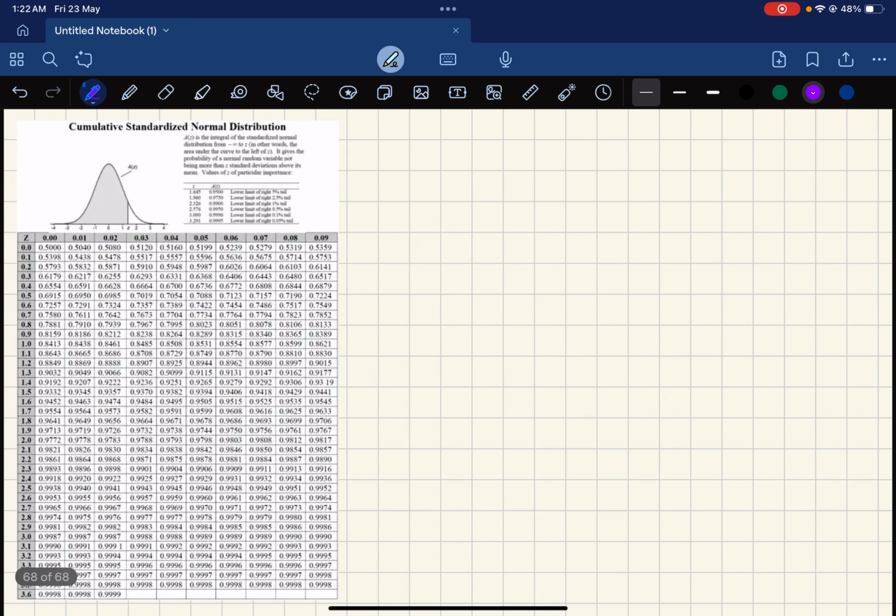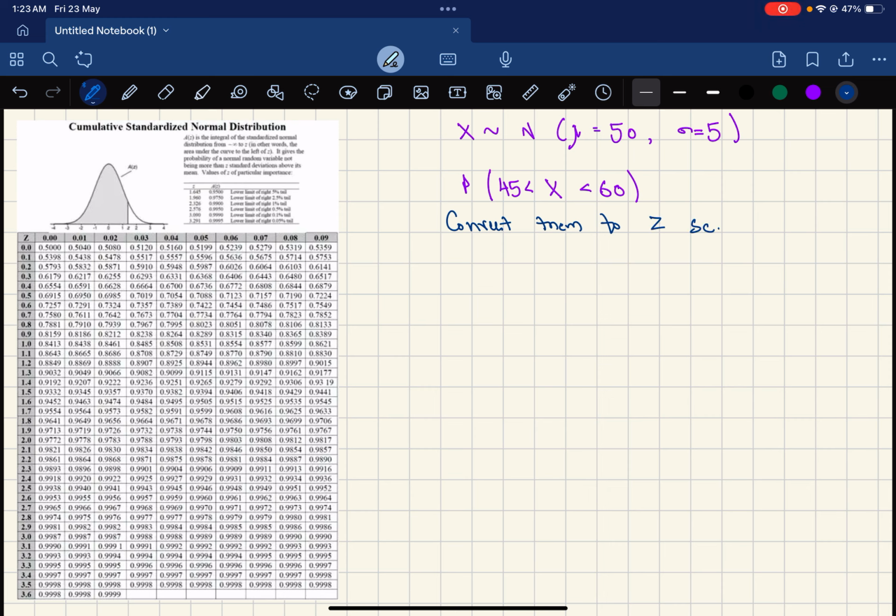So let us say we are given a normal distribution which has a mean of 50 and a standard deviation of 5. Now we are asked to calculate the probability of x lying in the range 45 to 60. So how do we do that? First, as we saw, we convert them to z-scores.